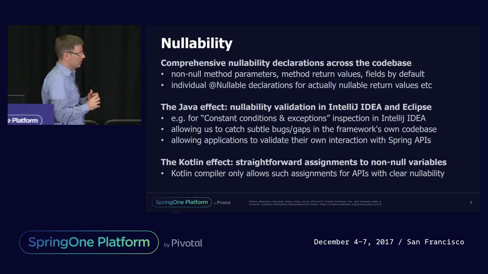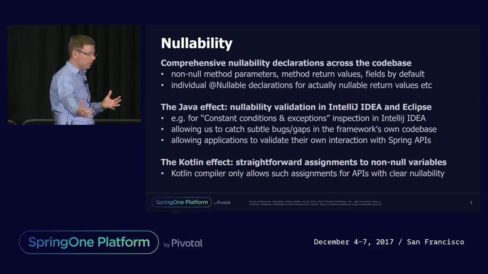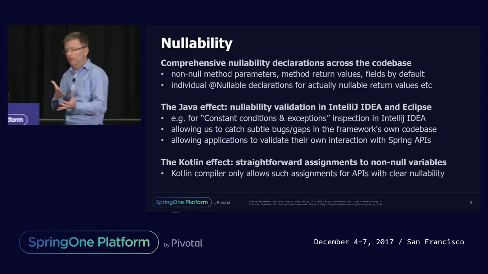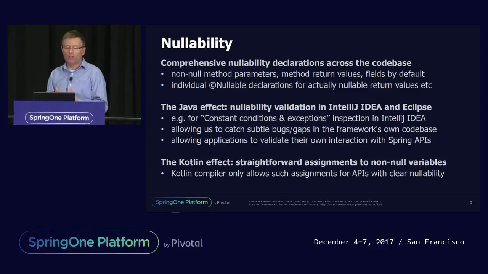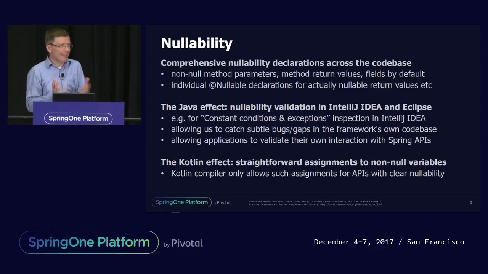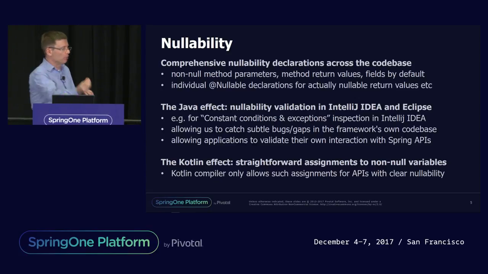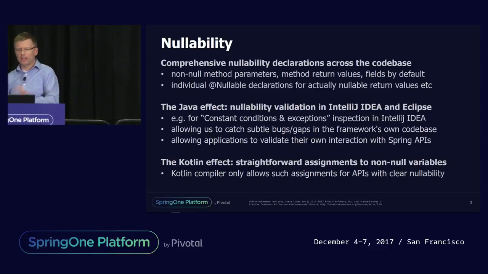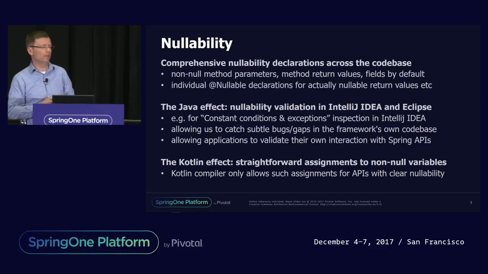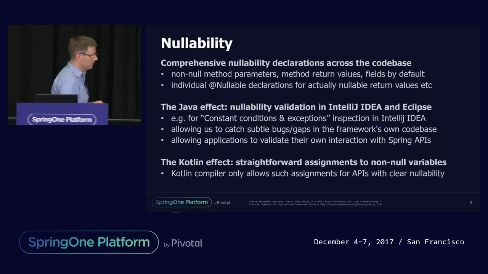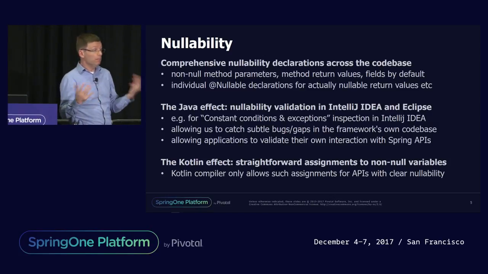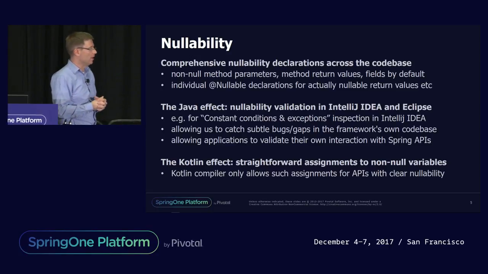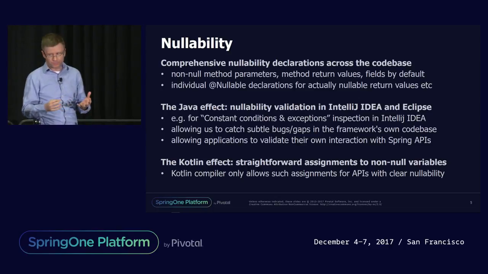Really important for Kotlin. So if you're calling a Java API and you'd like to assign the outcome to a non-null type declaration in Kotlin, the Kotlin compiler is basically not going to accept it unless there's a clear indication that the outcome of the Java method call can never be null. There are several variants of expressing this, but the recommended one is simply nullability annotations, @Nullable and @NonNull annotations on those artifacts.